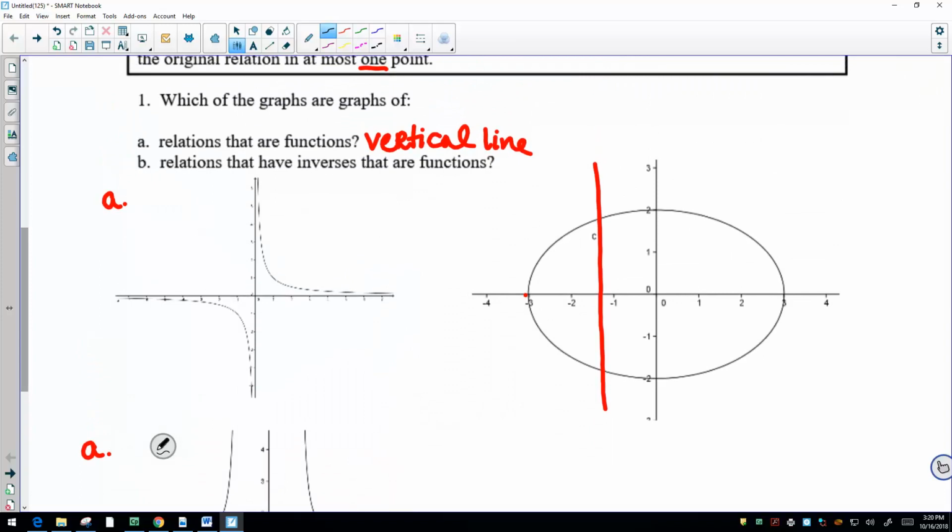Second question, it says relations that have inverses that are functions. So now we're trying to consider the horizontal line test. If we were to draw horizontal lines, the question is, will I ever touch it at more than 1 location?